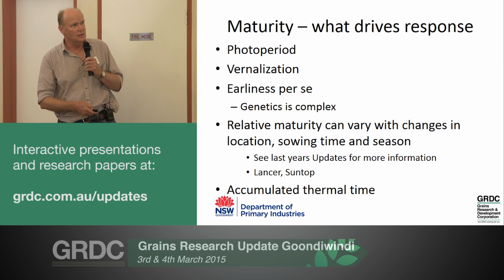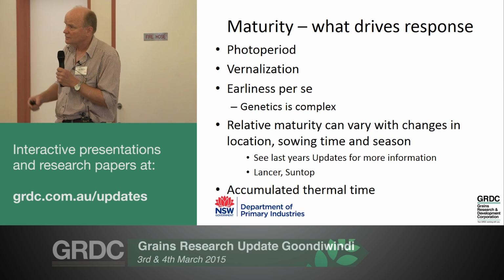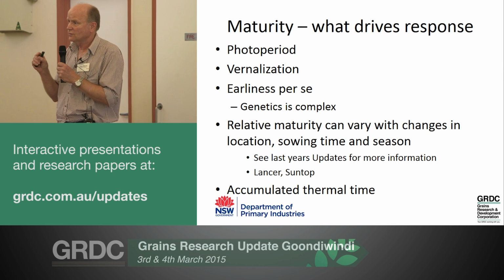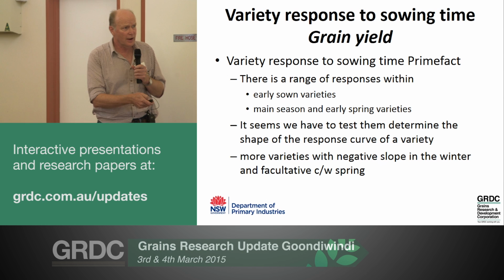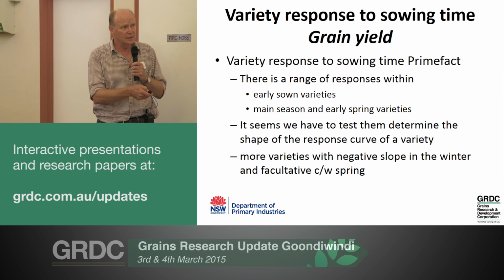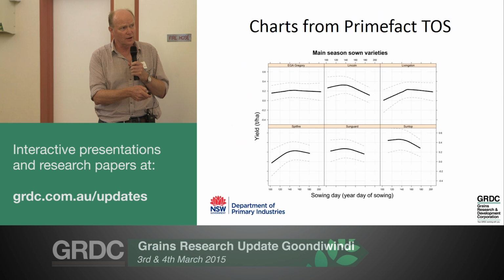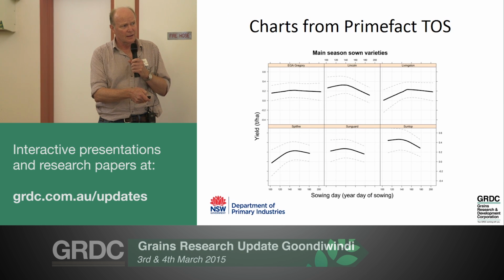But the issue is that there are a range of responses of varieties, and those responses are actually presented in that Primefact as graphs of individual varieties. So Gregory, for example, is a flat response. Spitfire is better sown later than early relative to other varieties.